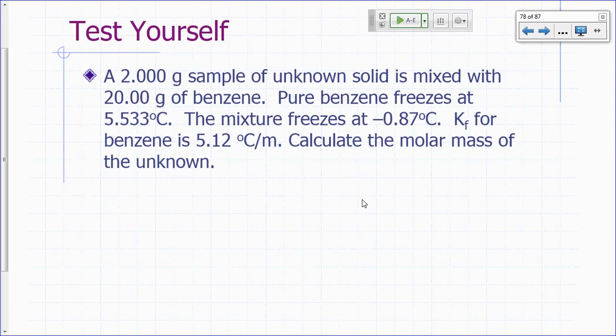Okay. A 2-gram sample of an unknown solid is mixed with 20 grams of benzene. Okay. Pure benzene freezes at 5.533 degrees Celsius. So TF star, pure benzene freezes at 5.533 degrees Celsius. Okay.